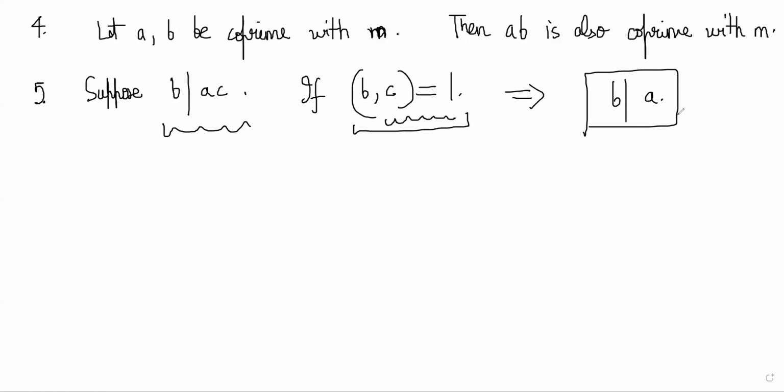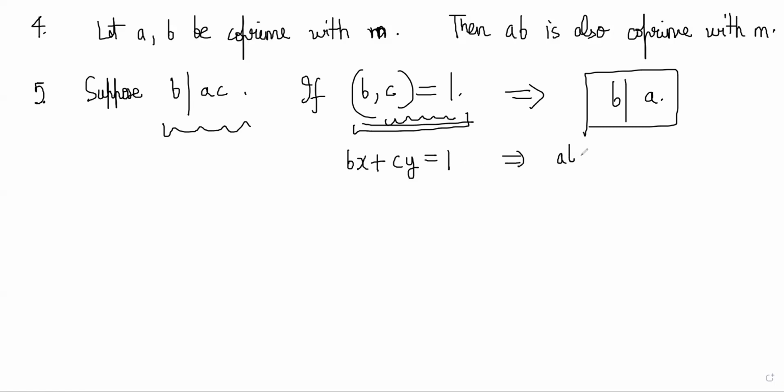The next thing that we look at here, so we can actually show the proof for this. The proof of this, for example, is if GCD of B and C is 1, we know that BX plus CY equals 1.